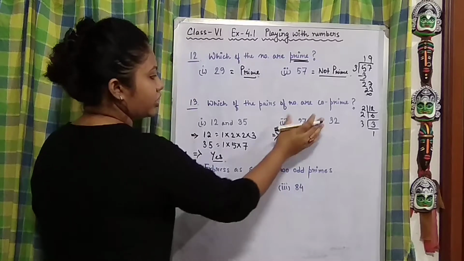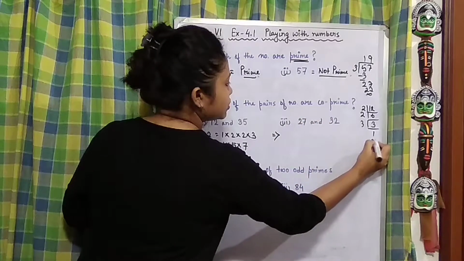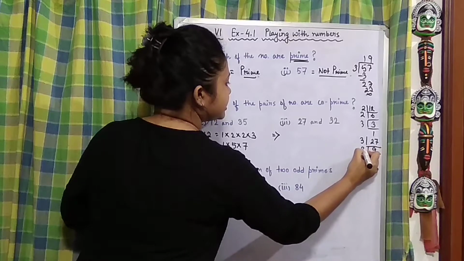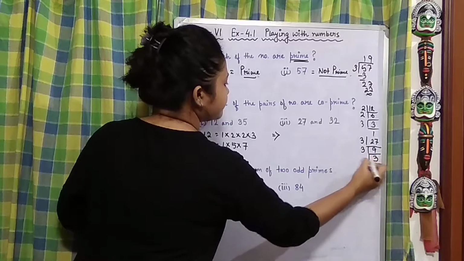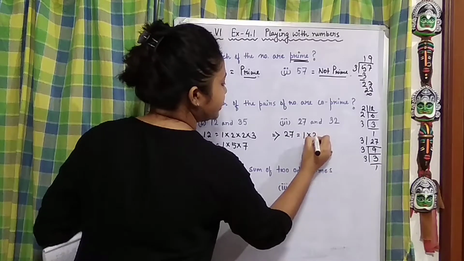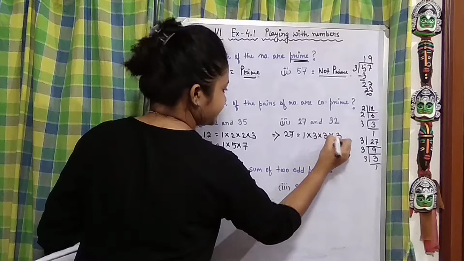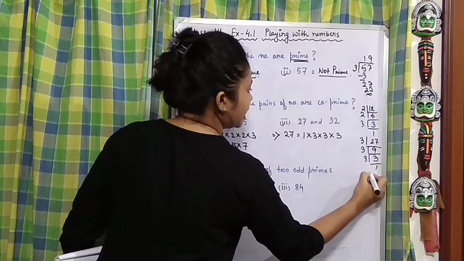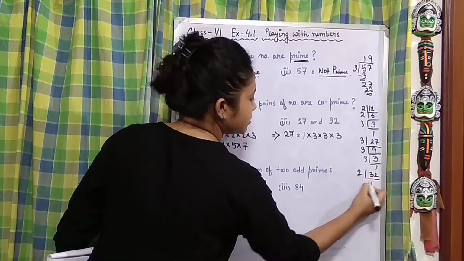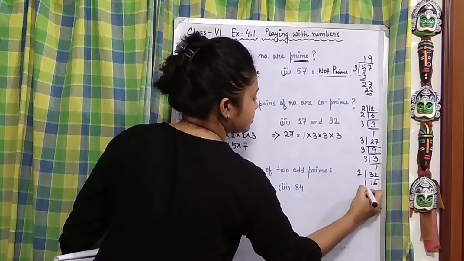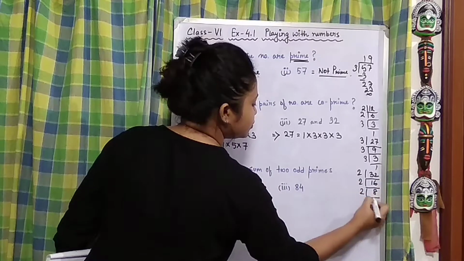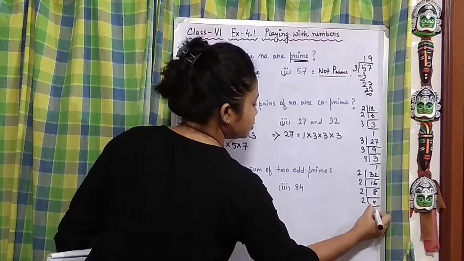Now let's take this one. So 27: 3 nines are 27, 3 threes are 9. So 27 is equal to 1 into 3 into 3 into 3. Now for 32: 16 twos are 32, 2 eights are 16, 2 fours are 8, 2 twos are 4.